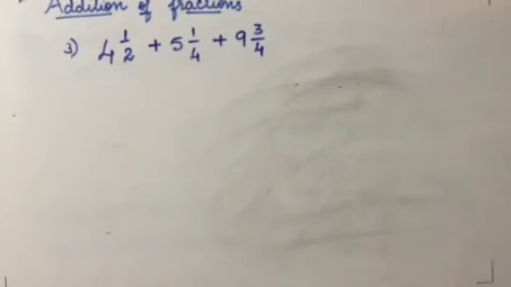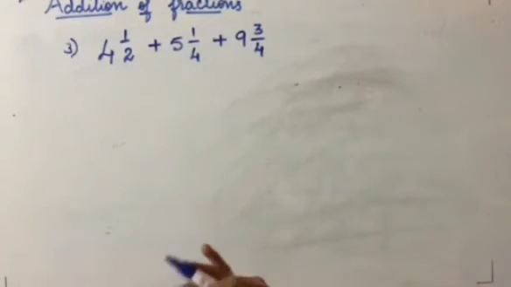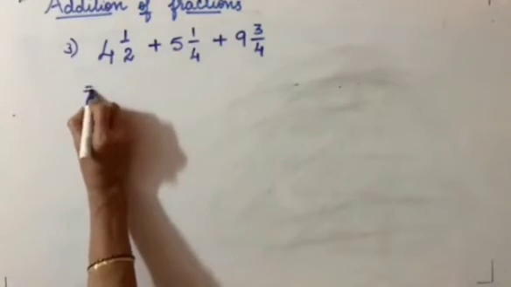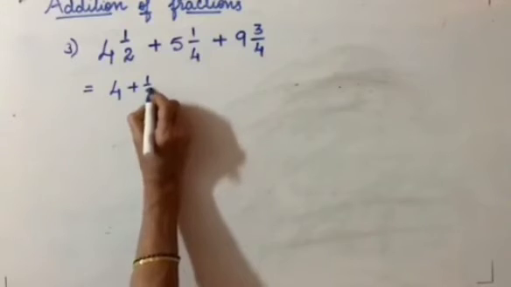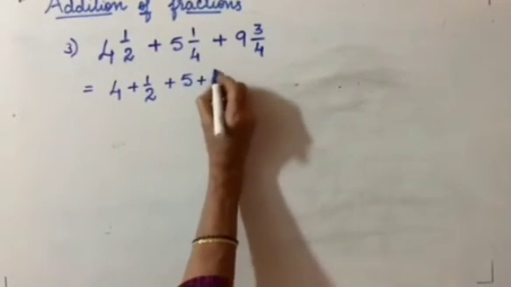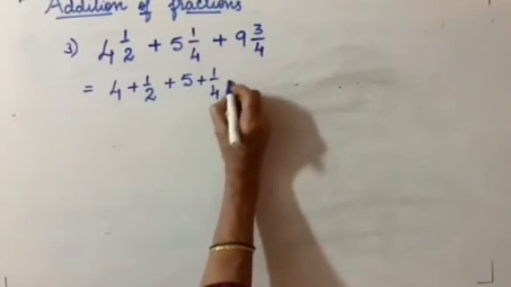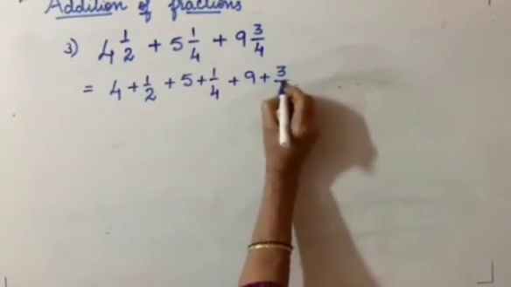Just now I've taught you one method. Either convert it into improper form or separate all the whole numbers. Shall we do that? Write 4 and a half as 4 plus half plus 5 plus quarter plus 9 plus 3 by 4.